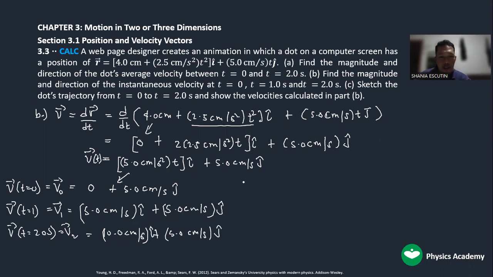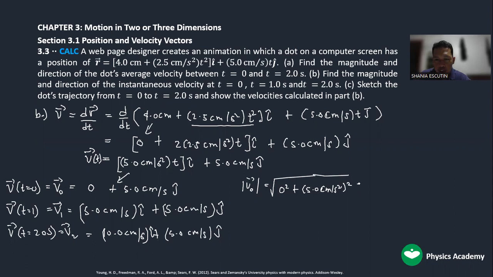To find the magnitude of v sub 0, it is the square root of 0 squared plus 5.0 centimeters per second squared. Okay, that's the magnitude.